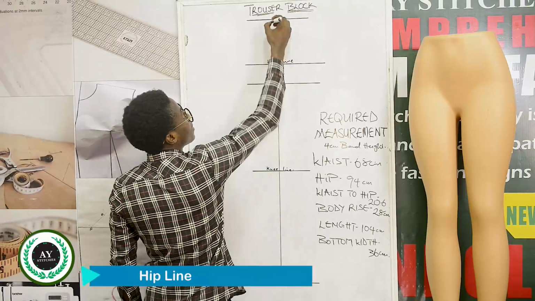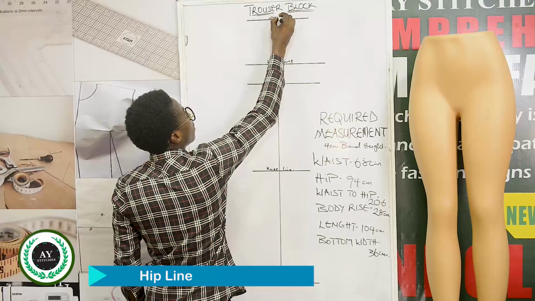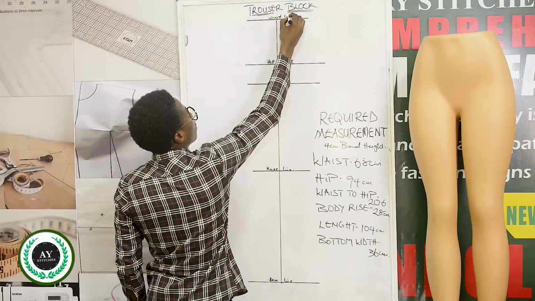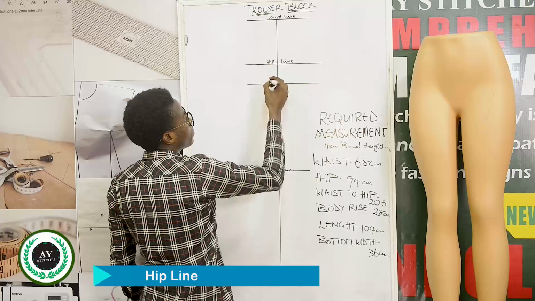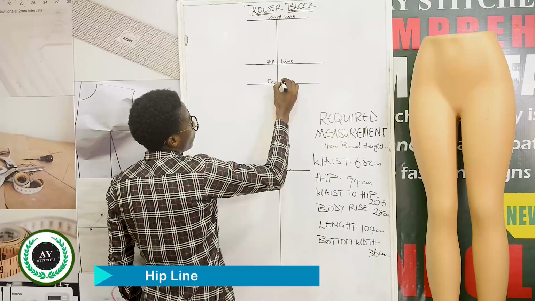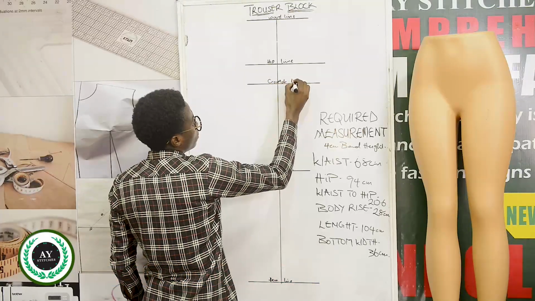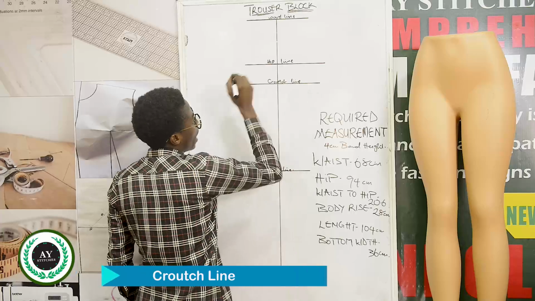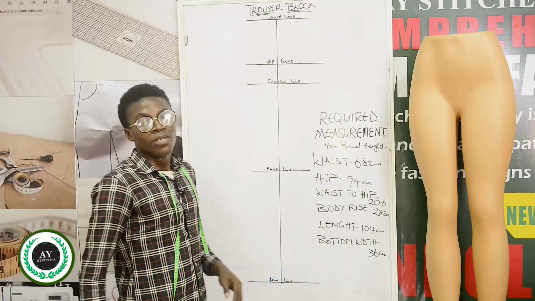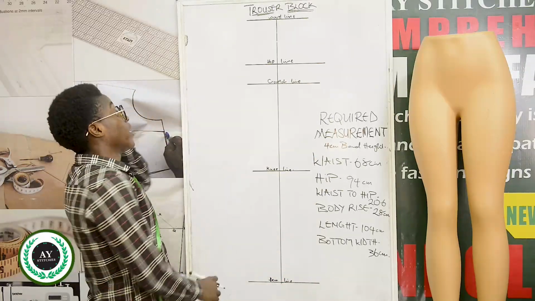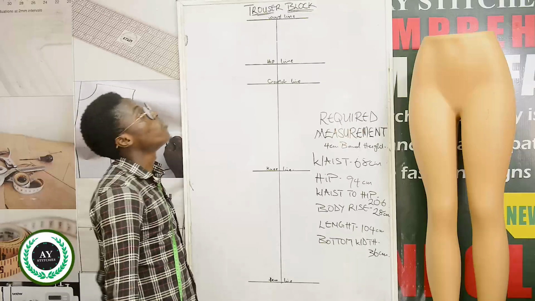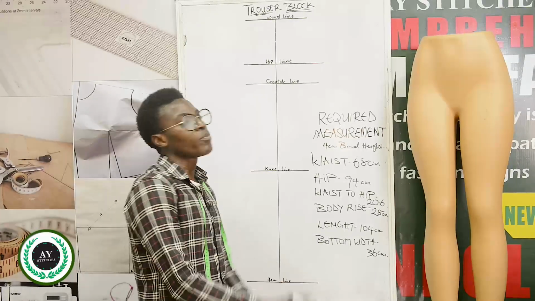Hip line. Waistline. Then I have my crouch line. So these are the important lines that you need to get first before we move on to the trouser block.